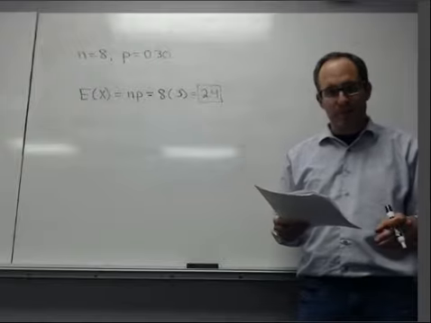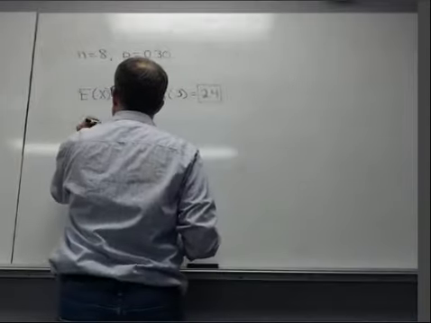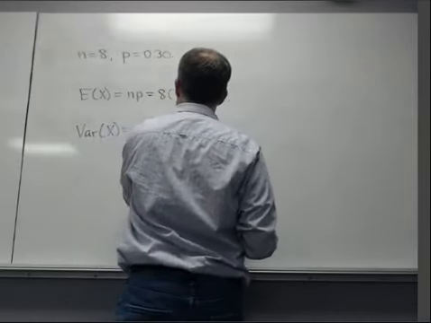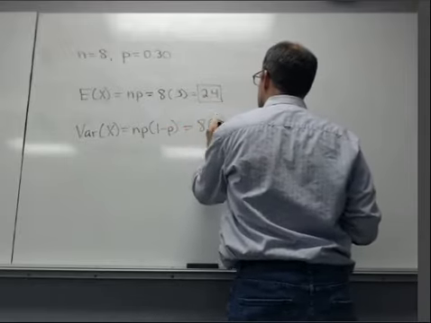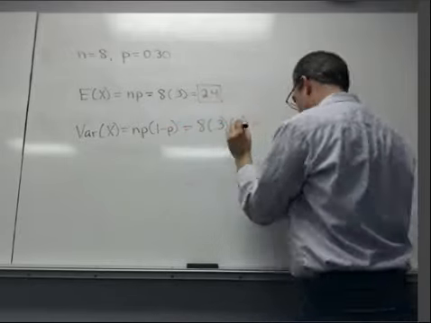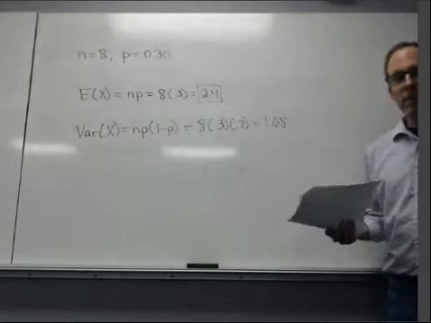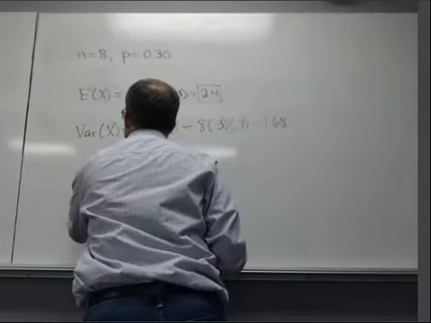And then the variance and standard deviation, they're going to be short too, because the variance, like it says there on the page, is just n times p times 1 minus p. So for this example, it's 8 times 0.3 times 0.7, which is 1.68. And then if you would prefer to have the standard deviation instead of the variance, you just have to take the square root.